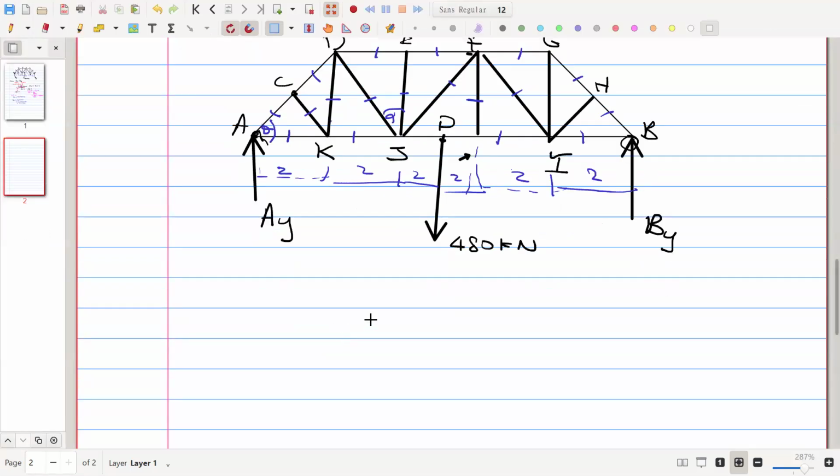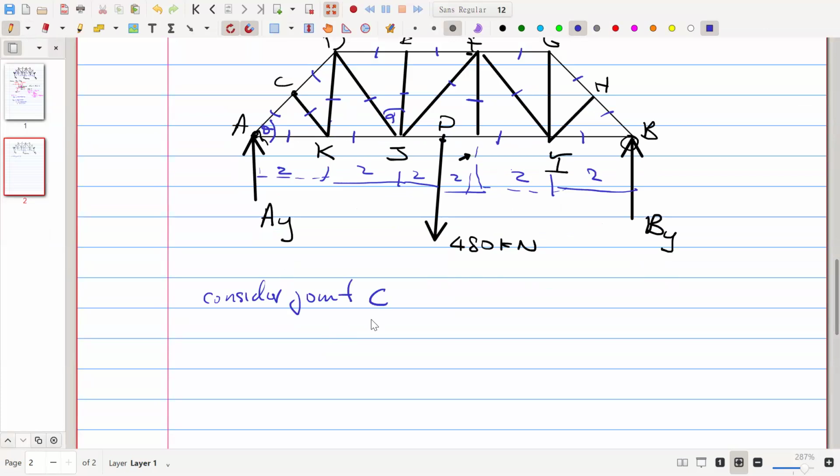So here you need to consider joint C. So let's do joint C now. Now you would assume that AC, when we found AC, it was compressive.